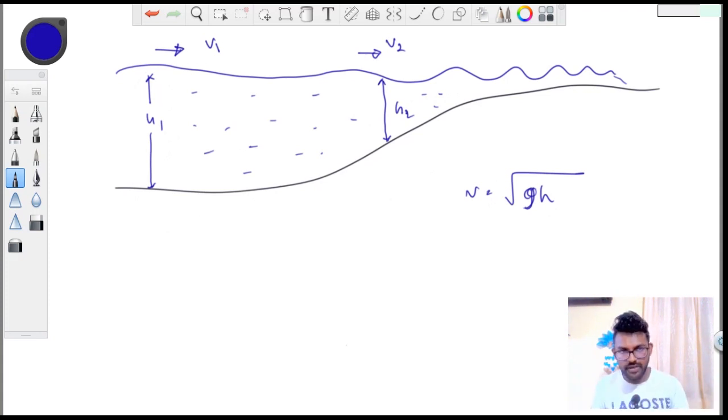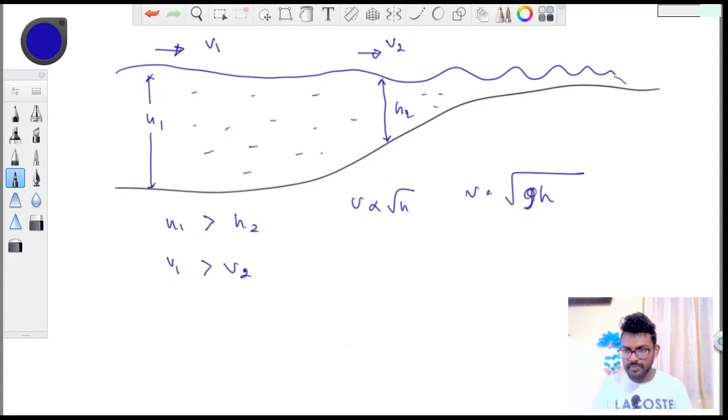The wave will be traveling much faster in the deep ocean than in the shallow sea near the coast, right? So here h1 is greater than h2, and v is proportional to root of h, so v1 should be higher than v2.